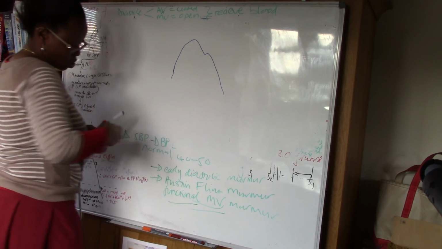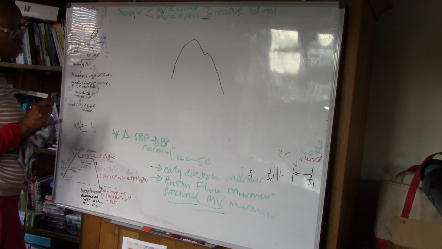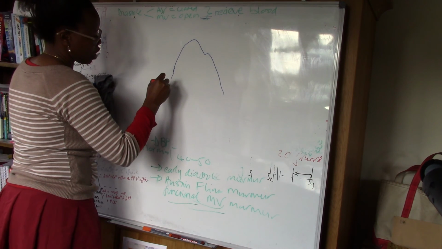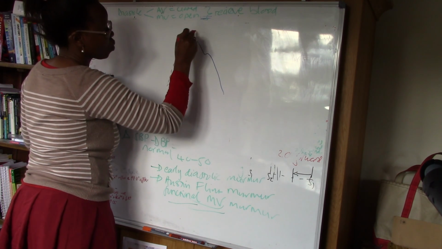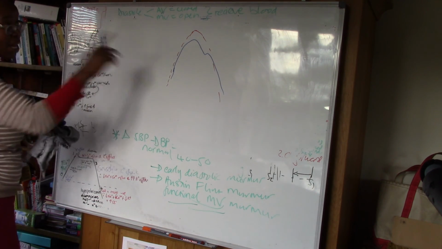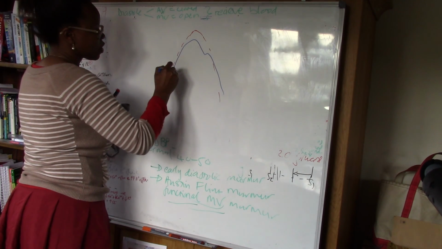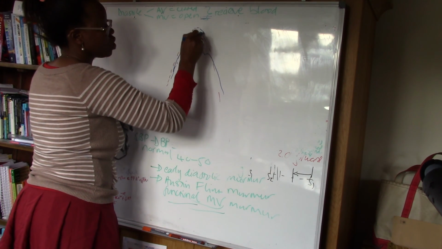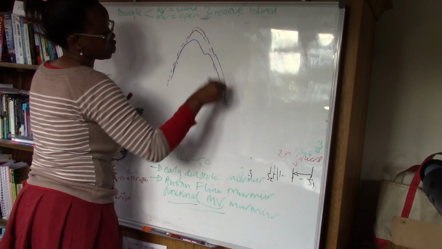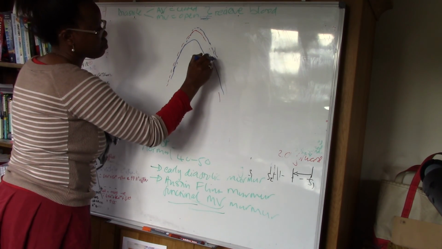The ventricular pressure is usually more than the aortic one. However, in pathology, in aortic regurgitation, this aortic pressure increases to be more or equal to the ventricular pressure, and then there's a sharp decrease of that pressure as well.